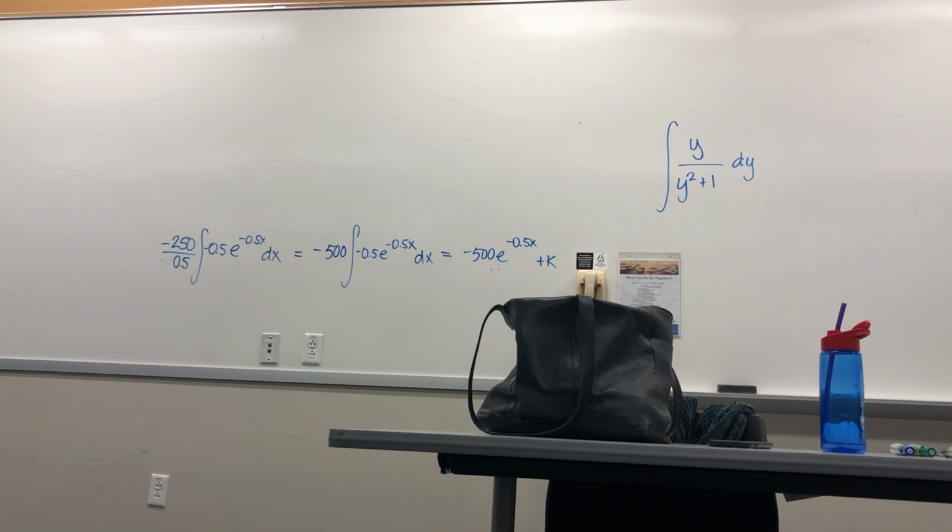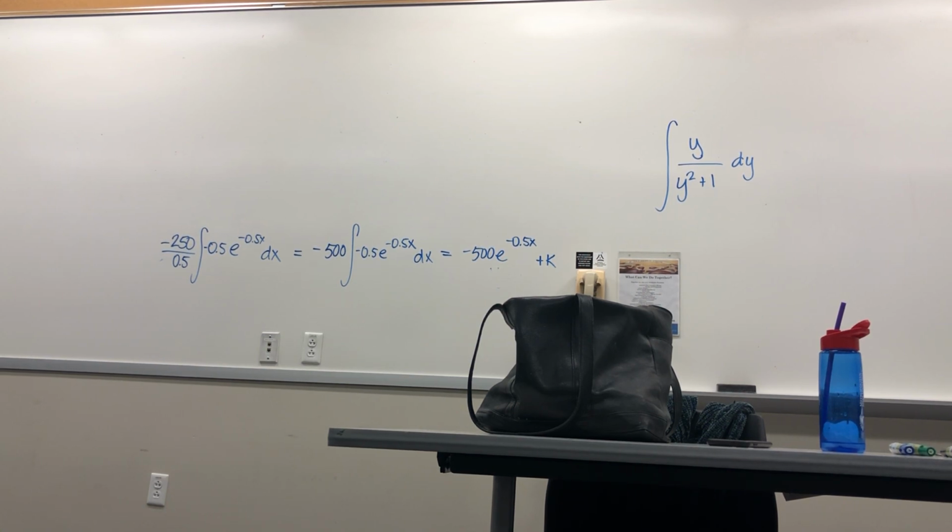So when we do it, we would have 1/2 outside to get 2y. And then you get 2y times y squared plus 1. So if you multiply it by 2, it's also divided by 2.